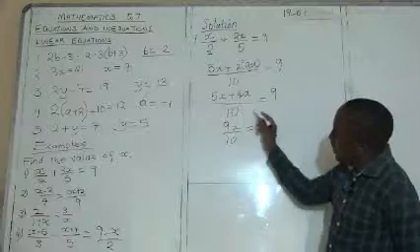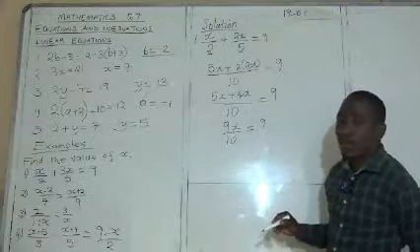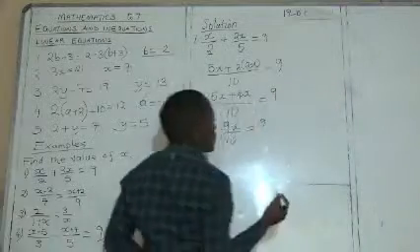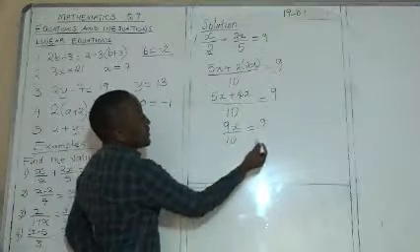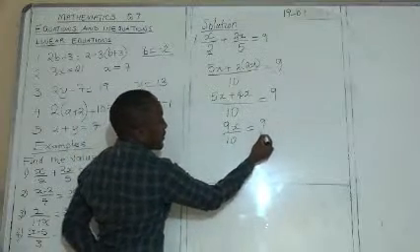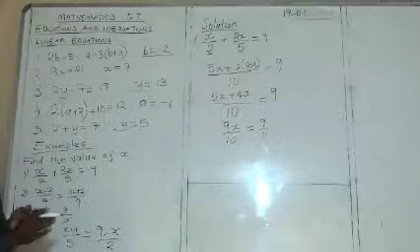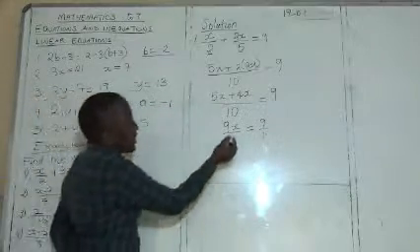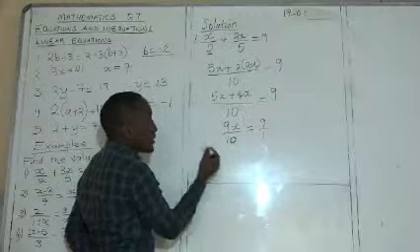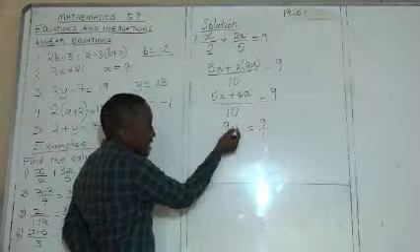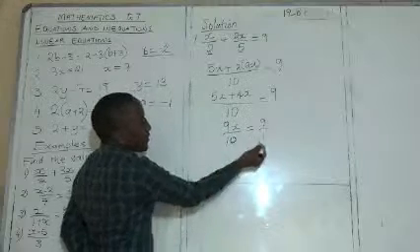Okay, now at this stage, what you have to do is just to cross multiply. And you have this 9, so this 9 can be in form of 9 over 1. Okay, so at this stage now you can cross multiply. So meaning that this 9x will be multiplied by this 1.